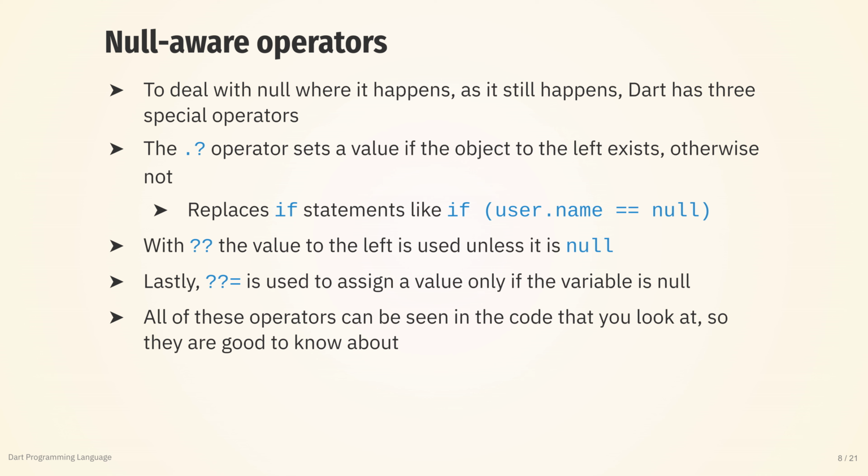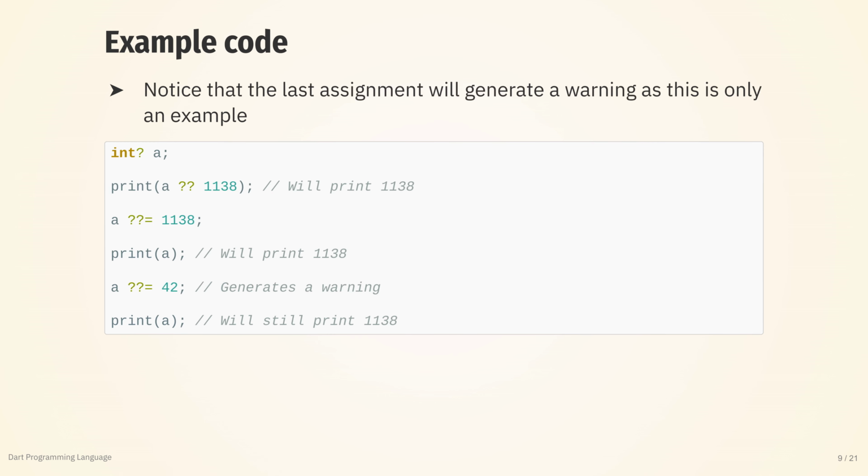You might not use many of these, but you should be aware of them, and you will hear from the compiler when you don't, and you need to, because Dart 3, as I said, will not allow for null unsafe code. So over here we have a number of examples.